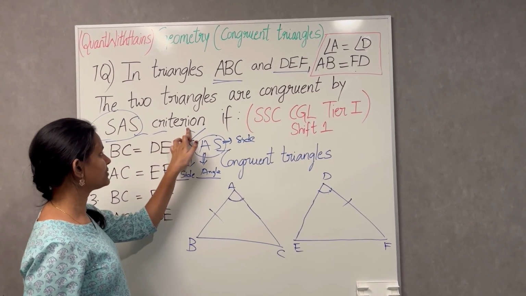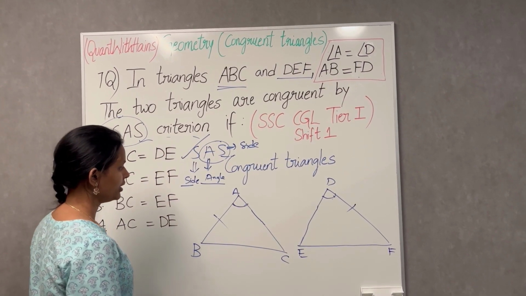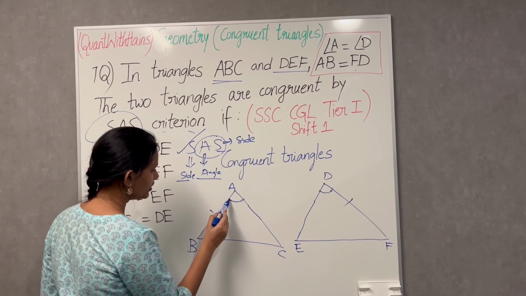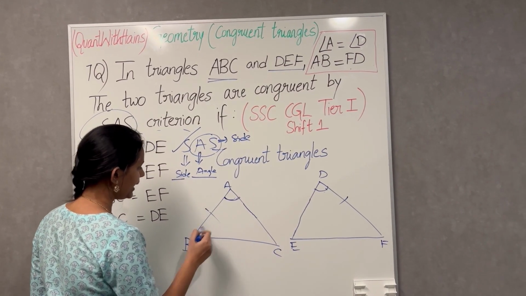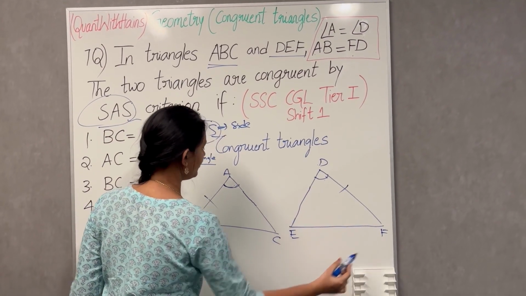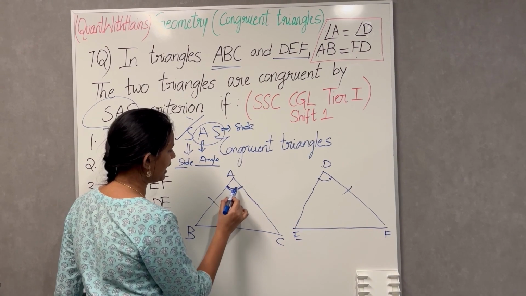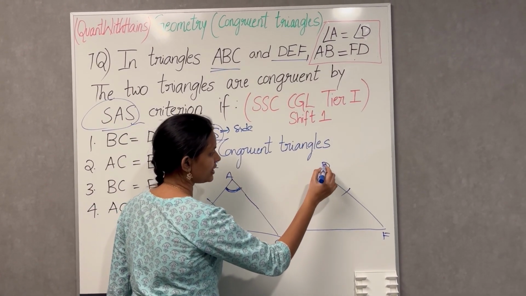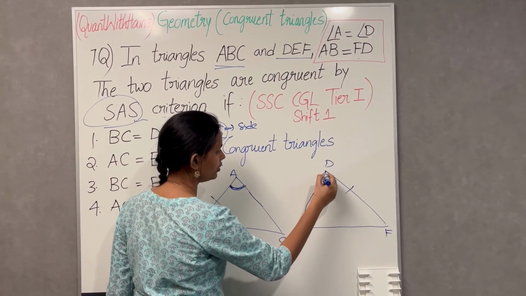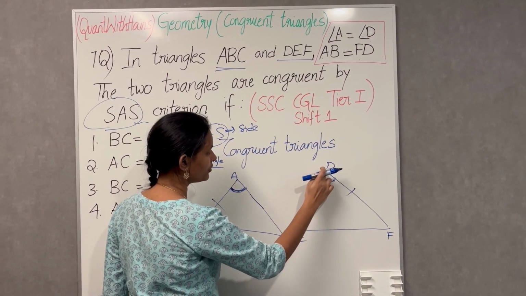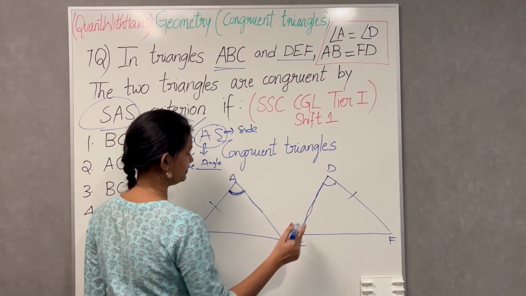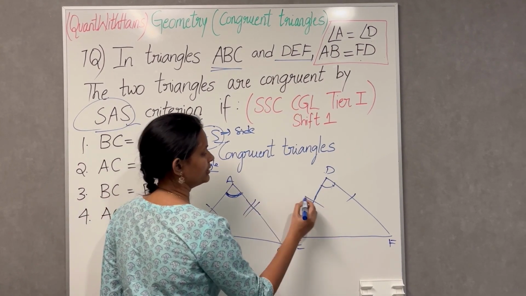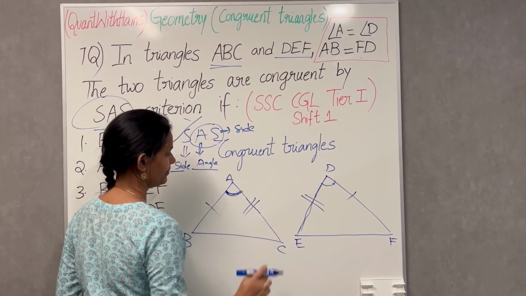To follow this criteria, the side AB is given as DF, and this angle's adjacent side is AC. So for triangle DEF also, this adjacent side of angle D should be equal. That means these two should be equal.